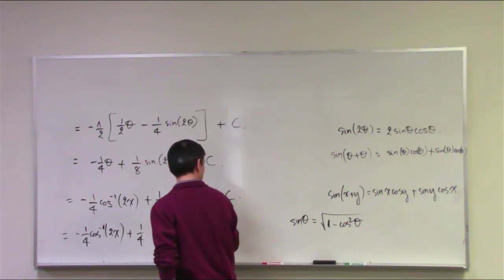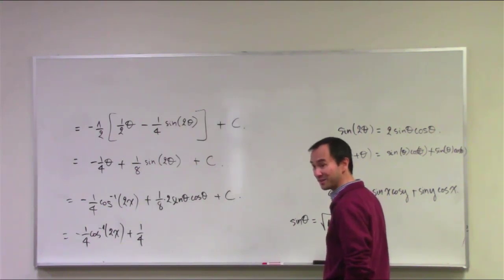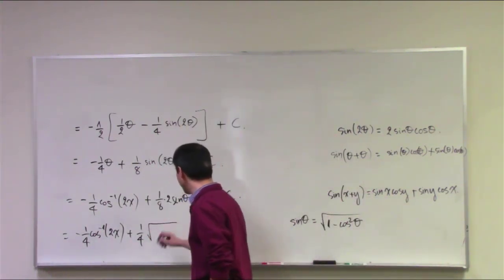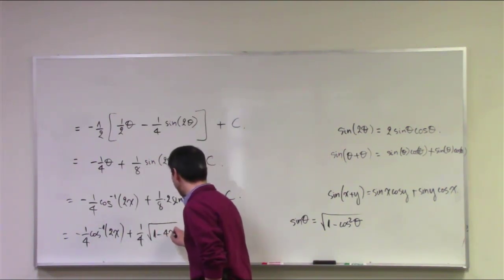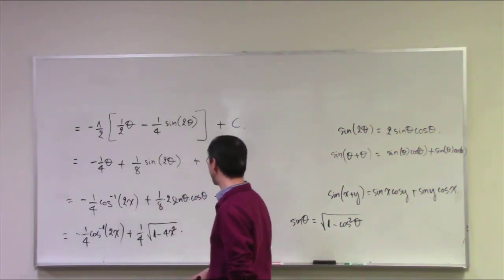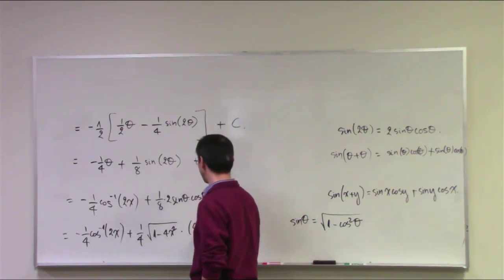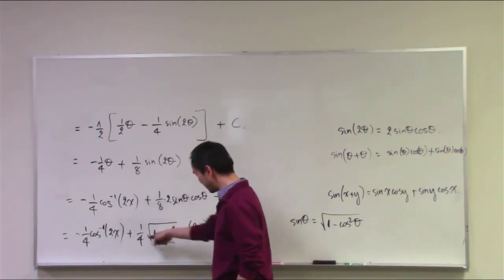the sine here is the square root of cosine squared, but cosine itself is 2x. So now that sine theta is the square root of 1 minus 4x squared. You guys saw it? And then we multiply with cosine theta, which is simply 2x. So the 2x, and the 2 there, cancel with that 4.